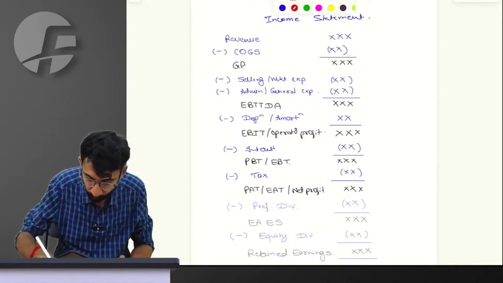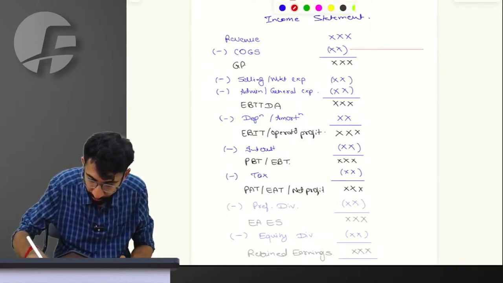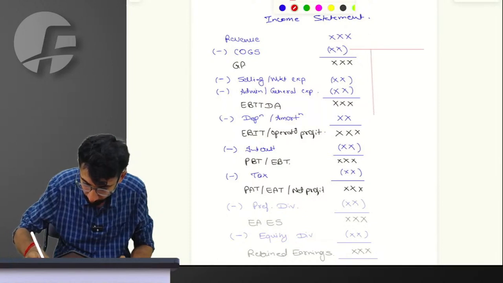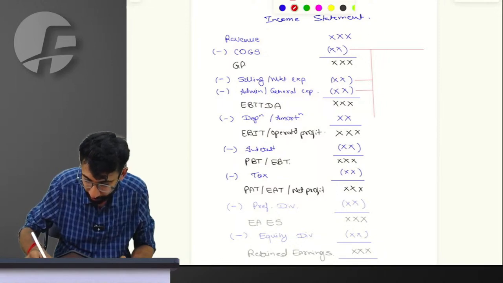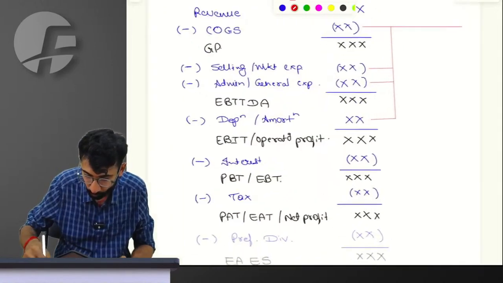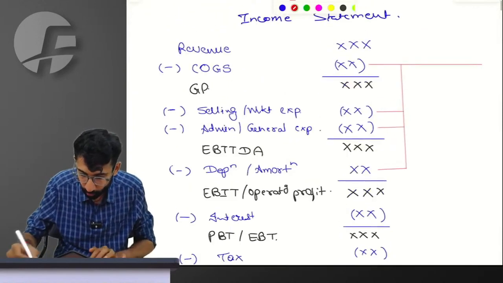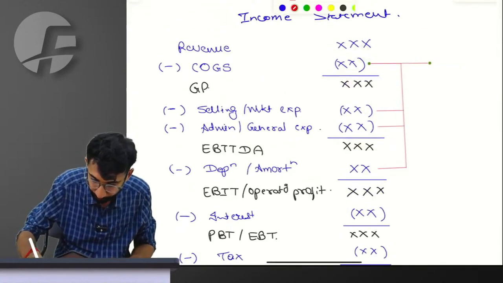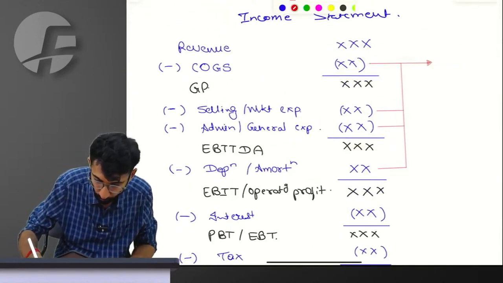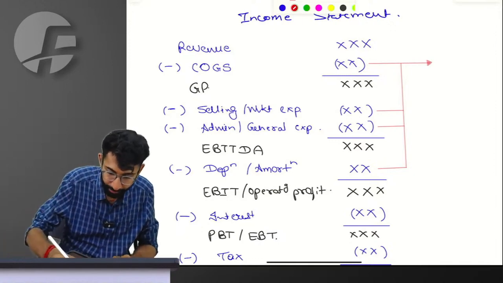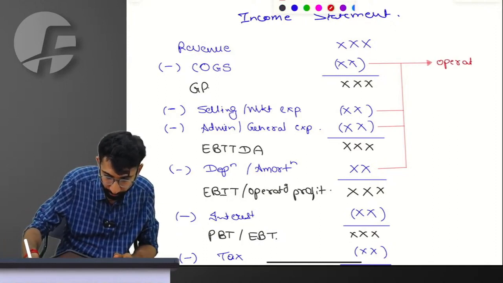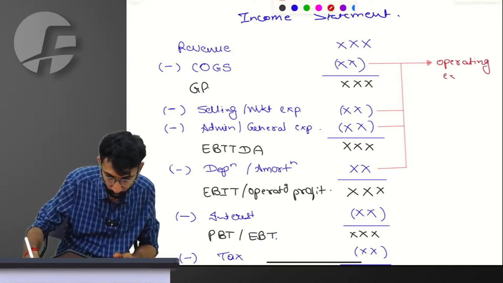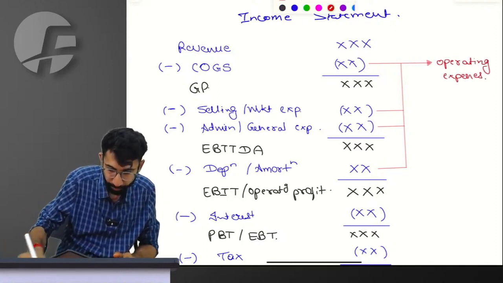Sir, COGS and selling expense, admin expense, depreciation, all these things are collectively called as operating expenses.